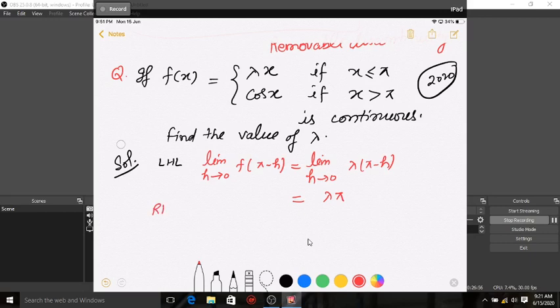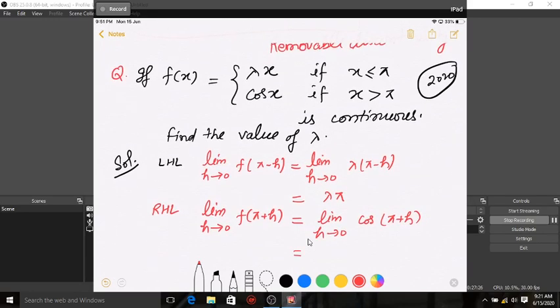Now find the right hand limit. Limit h tends to 0 f(pi plus h). So it is the value x is greater than pi, so we can use the function cos x. So limit h tends to 0 cos(pi plus h).